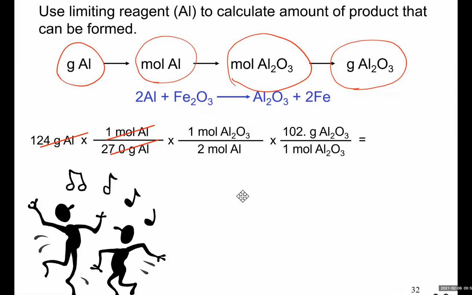Moles of Al and moles of Al cancel each other. Moles of Al2O3 and moles of Al2O3 cancel each other. So I'm left with grams of Al2O3. I'll go back to the problem. The problem is asking how much Al2O3 you're going to make. And I got the right unit for mass, 234 grams of what the problem is asking. That means you used the right conversion factor.